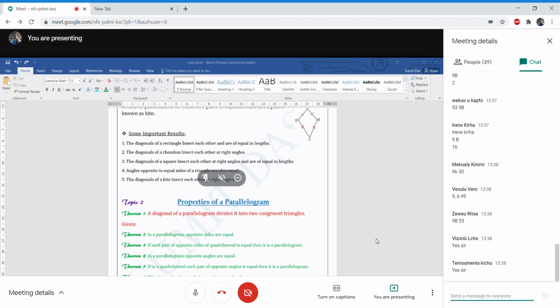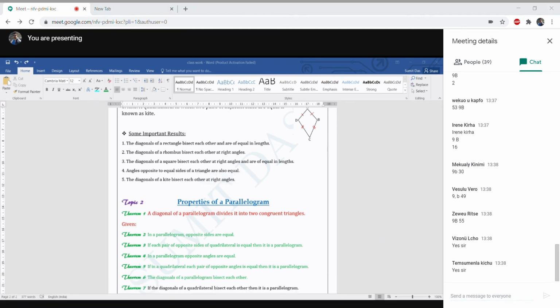So fine. Next, I told you that in this chapter we have to learn theorems basically. So I'm moving toward the first theorem. The first theorem says the diagonal of a parallelogram divides it into two congruent triangles.